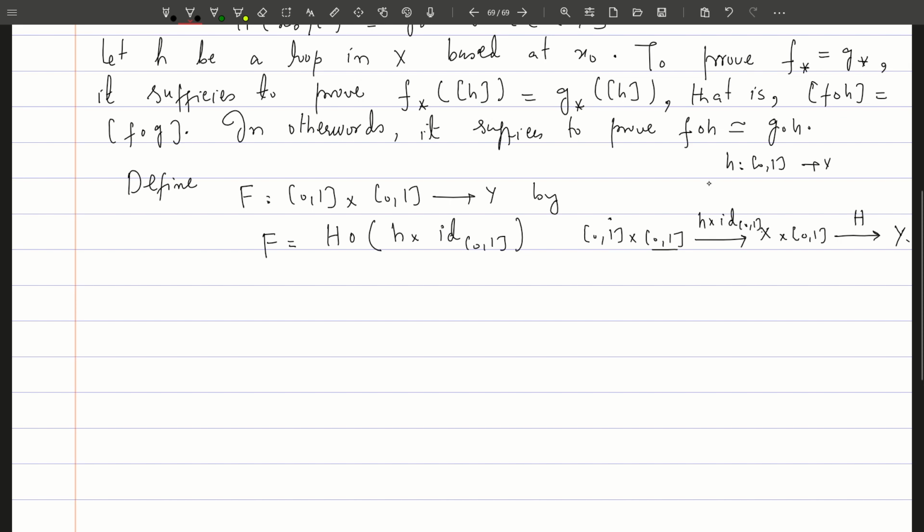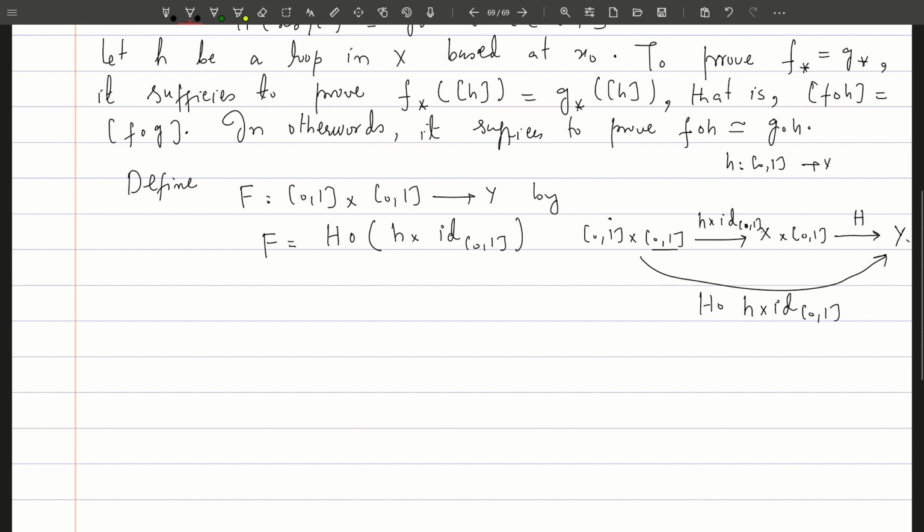So this map over here, from [0,1] cross [0,1] to Y, is the map F composed with h cross the identity map on [0,1].